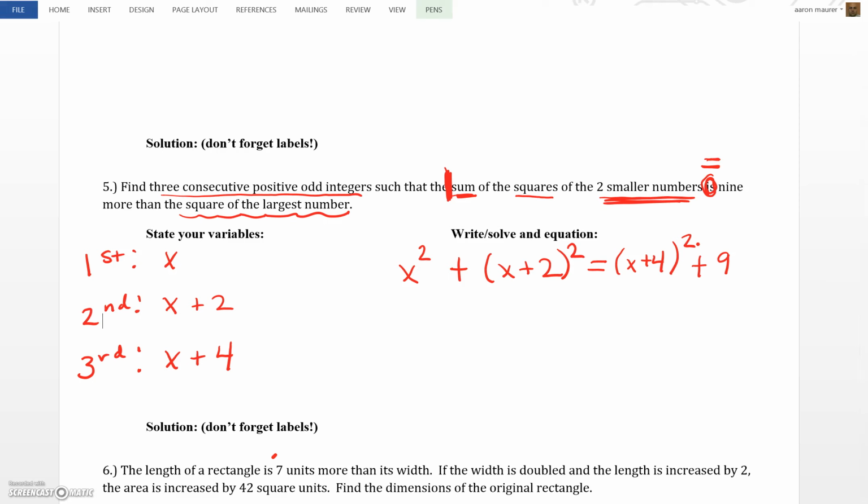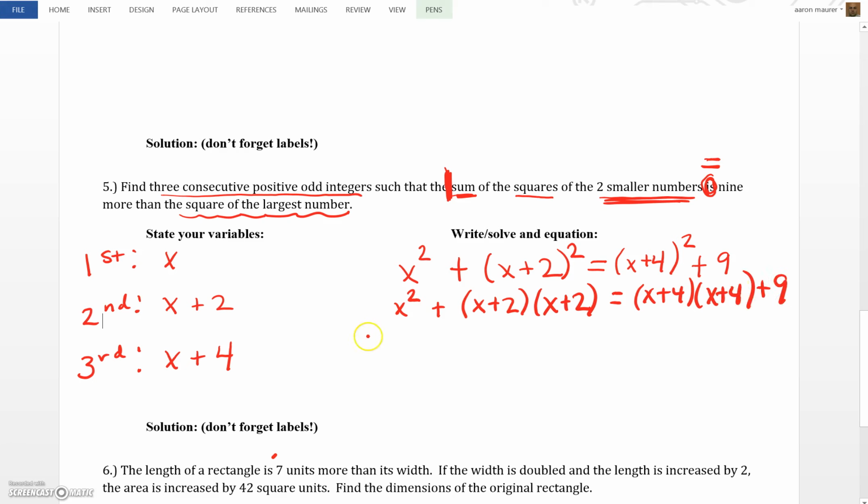So what we need to do now is we need to simplify. So x squared, there's nothing more that we can do with that. X plus 2 squared is the same as x plus 2 times x plus 2. X plus 4 squared is the same as x plus 4 times x plus 4, plus there's the 9. So we still have some simplifying to do here.